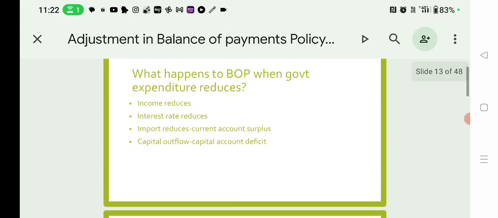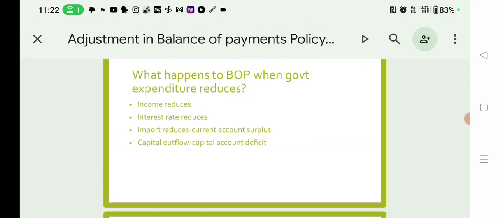That means the current account surplus is corrected by the capital account deficit. This brings back the balance of payment equilibrium. So this is the impact of fiscal policy on balance of payment adjustment. This is part of the expenditure changing policy.